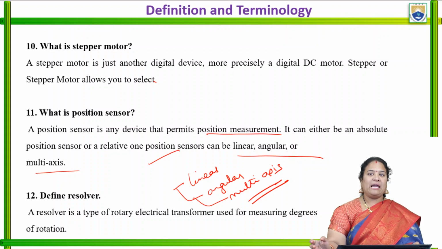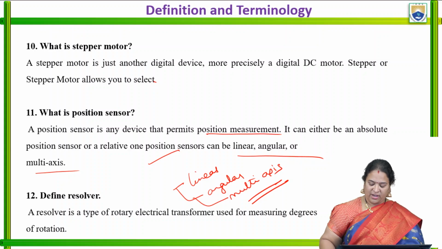It can either be an absolute or a relative position sensor, which determines whether the robot's end effector is in the linear direction, the angular direction, or the multi-axial direction. So that is known as the position sensor.